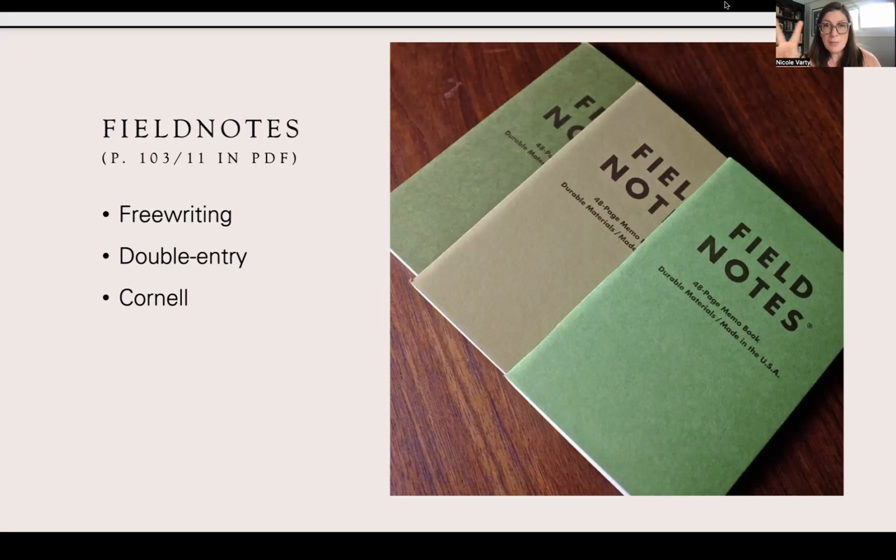There's also things like double entry notes that separate both the objective and the reflective aspects of your note taking. So that can just sometimes make it easier. You could also do Cornell style notes, which involves both the double entry style plus some summarization at the bottom. Any style of note taking that works for you to most accurately capture what you are observing, that is the note taking style you should use.